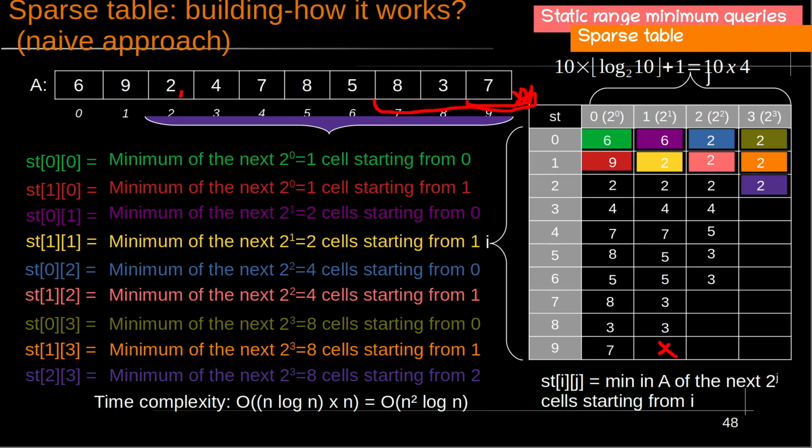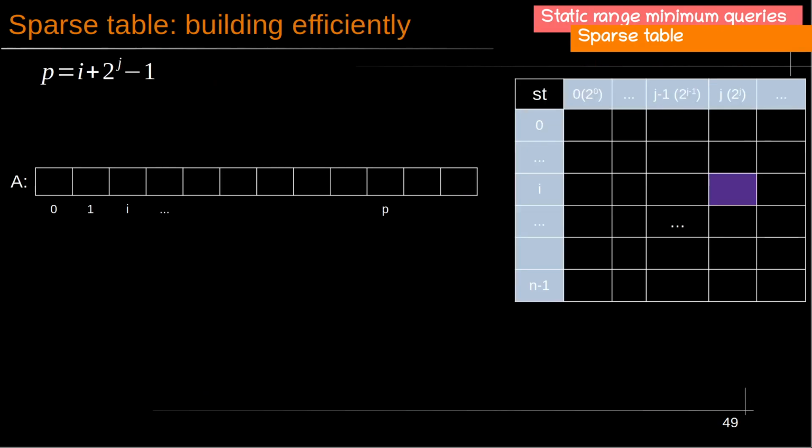In the worst case, it could be n, so the whole time complexity is big O n squared log n, which is very bad. Of course, we can build this sparse table efficiently. How can we do this?